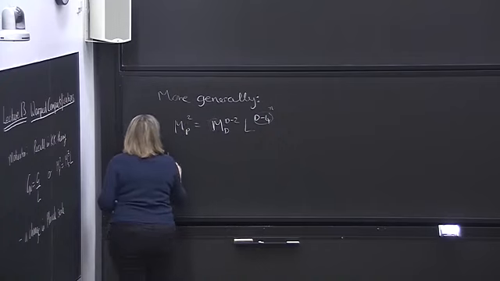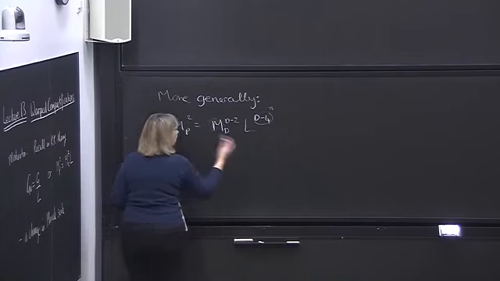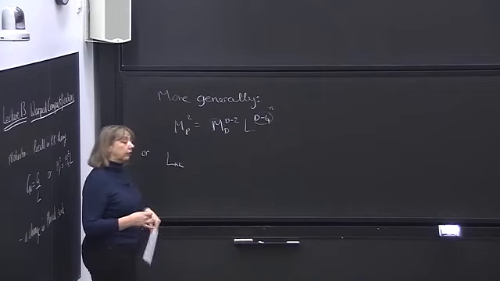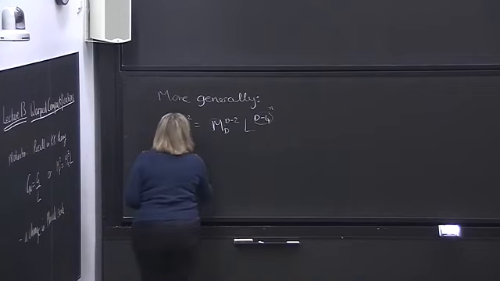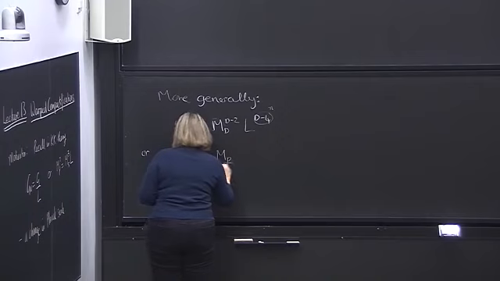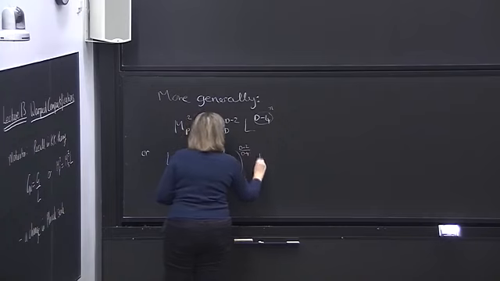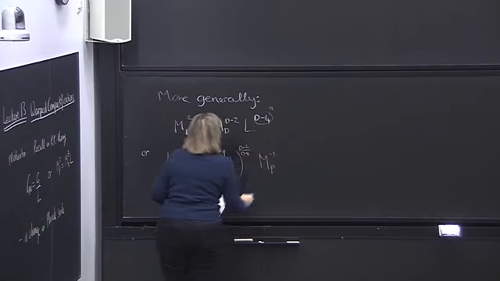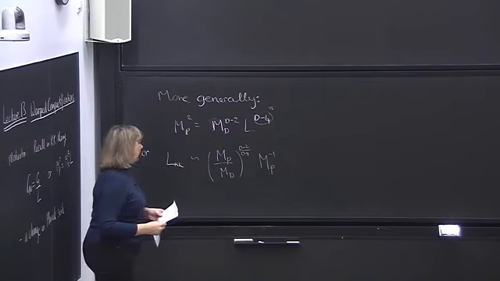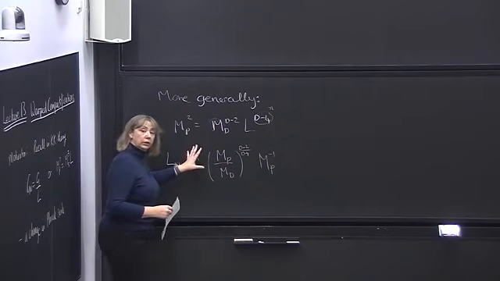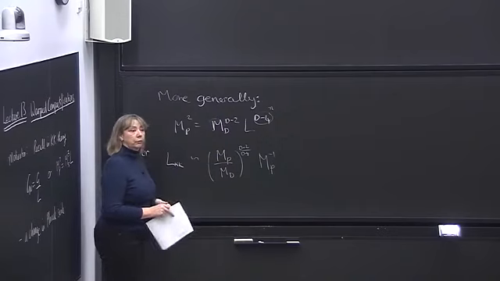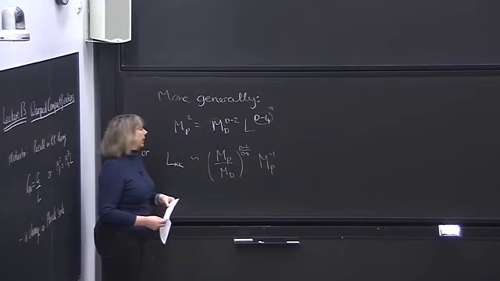In this case, I could say, let me invert that and find the scale of the compactification. And so I can write that. Normally, in original Kaluza-Klein theory, we would have been compactifying at the Planck scale.